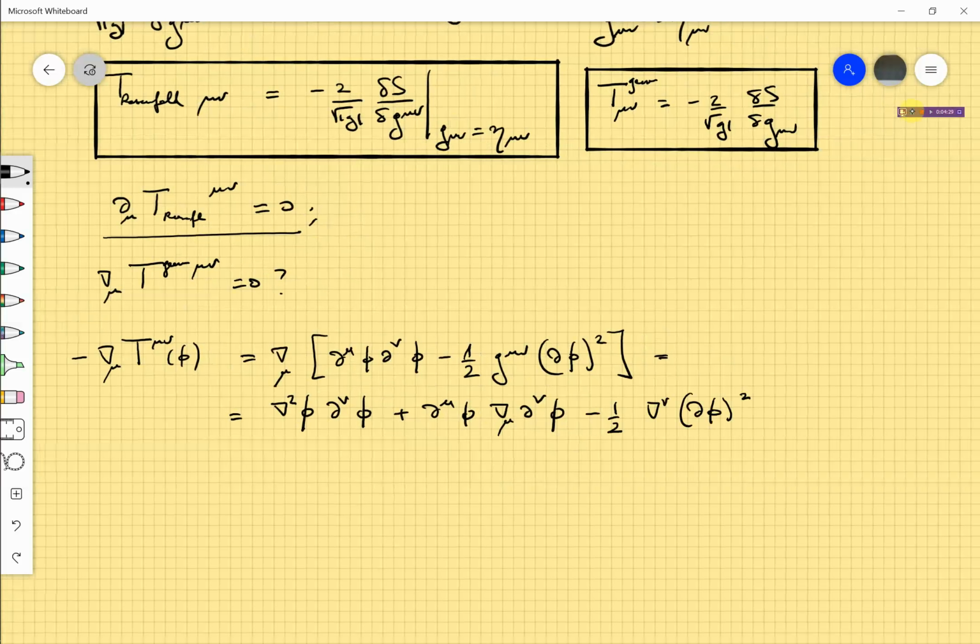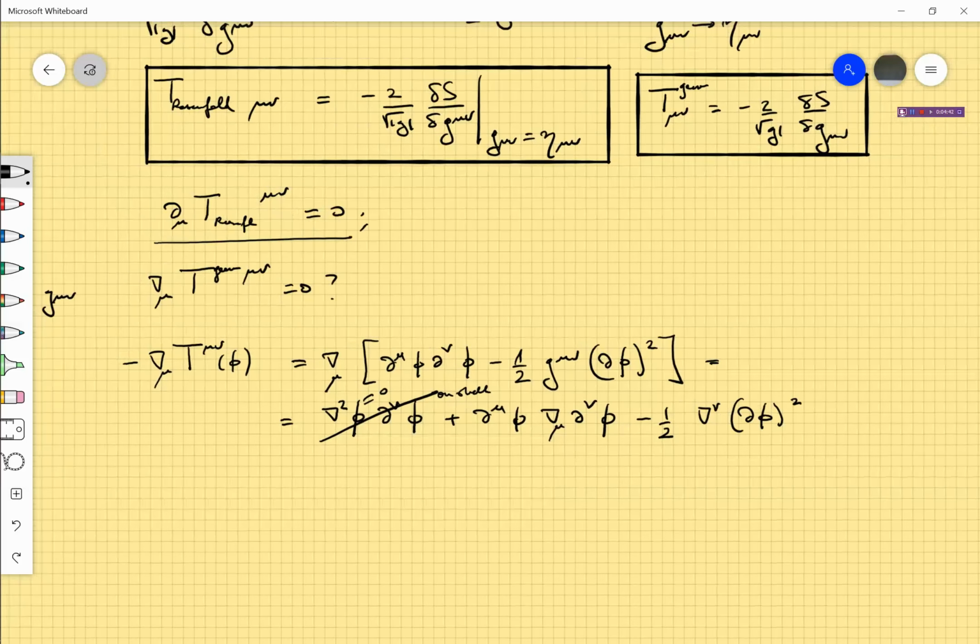This vanishes on shell. We know that the equation of motion is this, but remember that the conservation of the energy momentum tensor is only on shell.